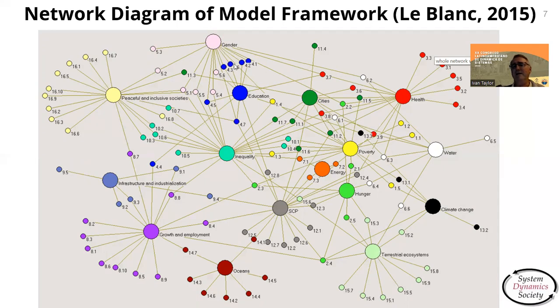And then you can see the edges here between the goals through the targets. And you can see that some of these goals are connected to other goals through the targets. And we developed polarities for these connections based on looking closer at the targets and what the definitions of the targets were.